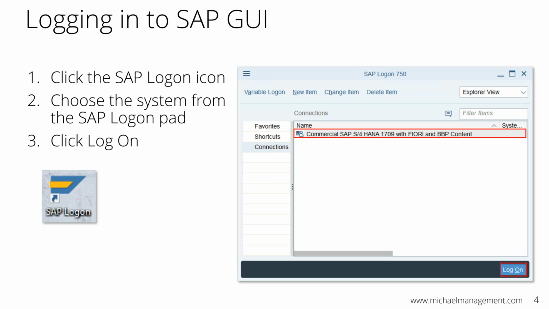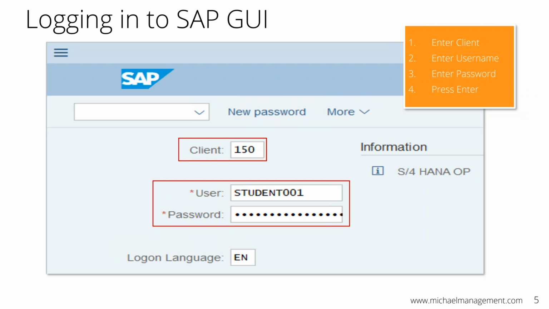From there, it's just a matter of double clicking it or single clicking and selecting the logon. It will launch the logon screen, at which point you'll need to specify the client that you've been given access to, your user ID, and your password. All of that information will have been provided to you by someone on the MMC team once you have signed up for your SAP Access subscription.